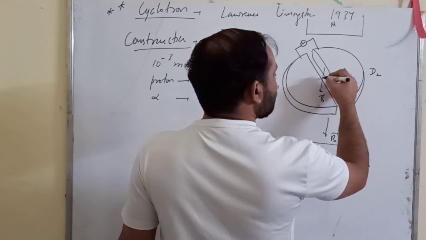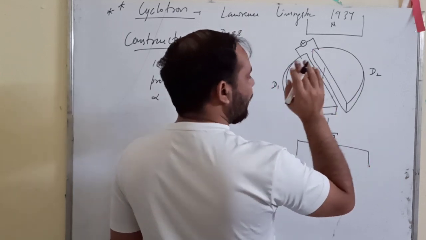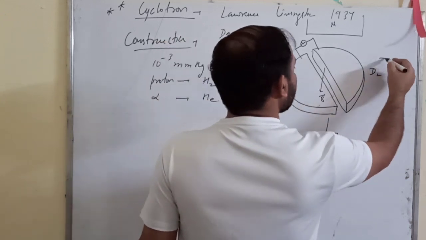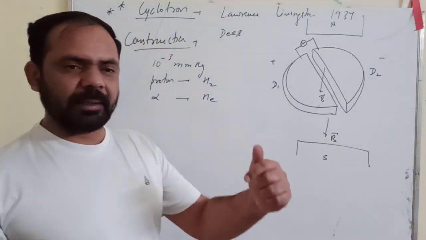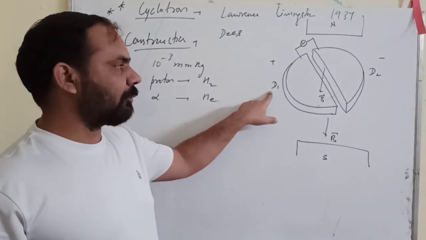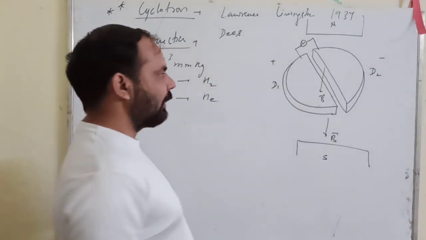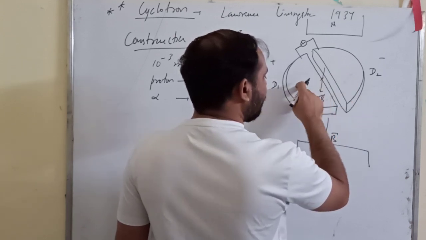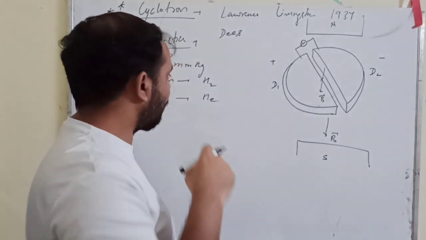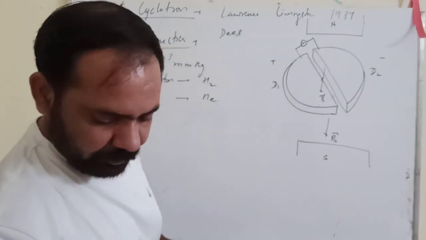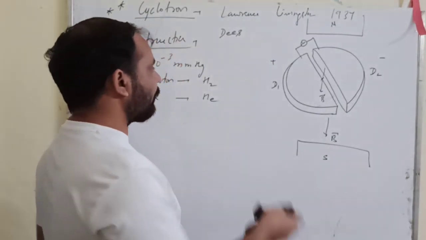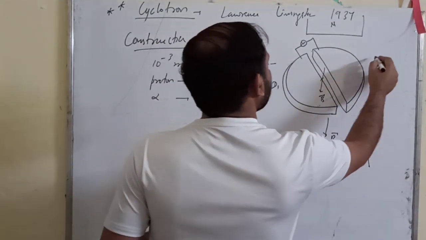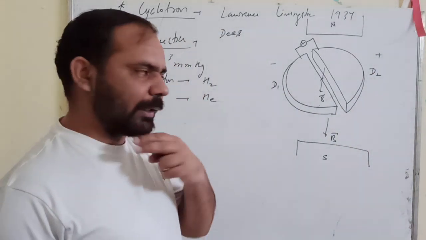Now when this charged particle is produced, let us suppose that at that particular time D1 was positive and D2 was negative. Or, if we are taking the proton, let us suppose that initially D1 was negative and D2 was positive, or you can change it accordingly.